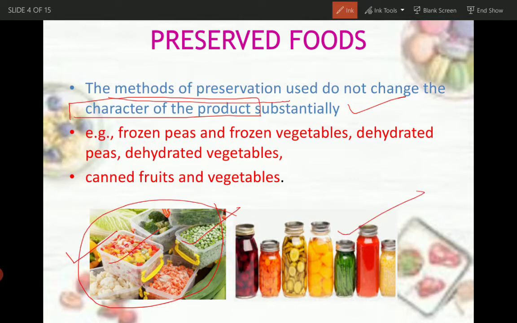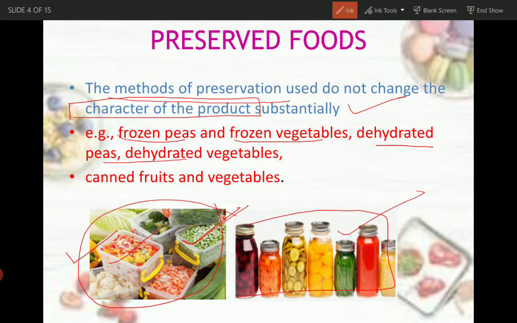These are all pickled or the vegetables which are dipped in vinegar, etc. So all these canned fruits and vegetables, the basic character is the same. The pea, it's in the similar form. It has not been boiled or anything like that. All these vegetables are also in their natural forms.